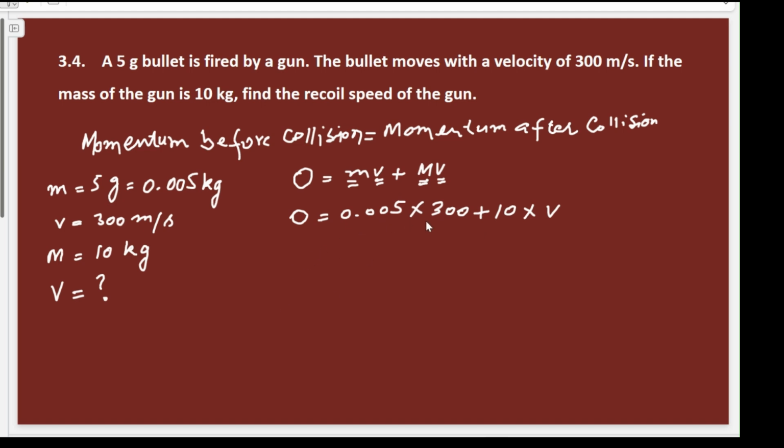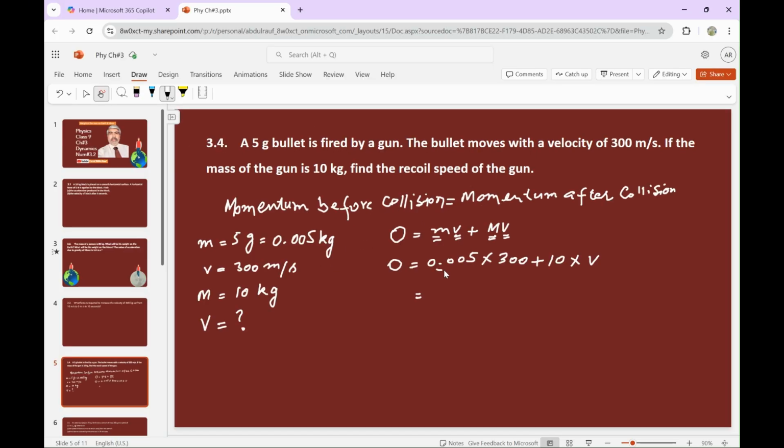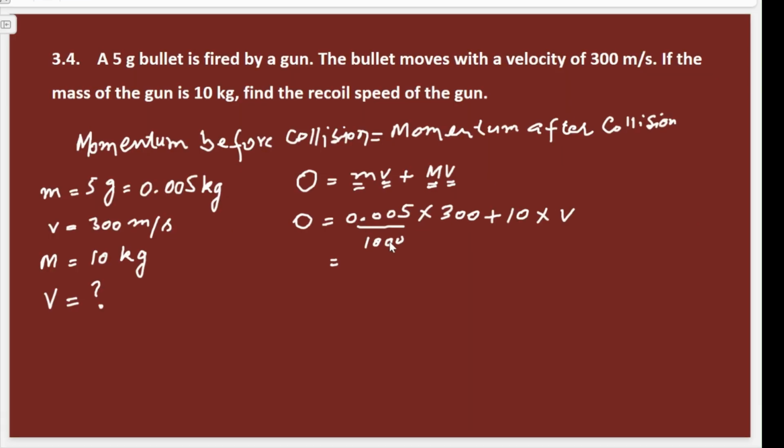Now we multiply these two numbers, 0.005 and 300. If we simplify it, these two zeros will cancel with two zeros, and 5 threes are 15, divided by 10 will give us 1.5, plus 10 multiplied by V. So we take 1.5 to the other side, it will become negative 1.5, and this is 10V.